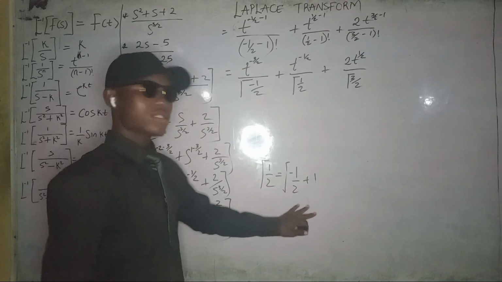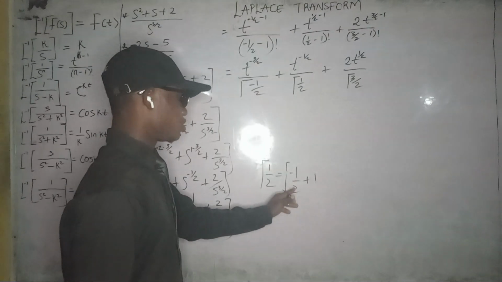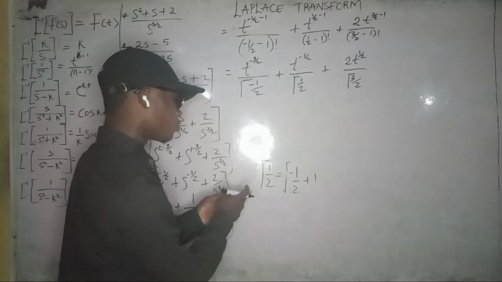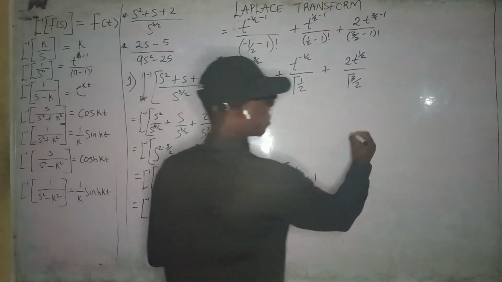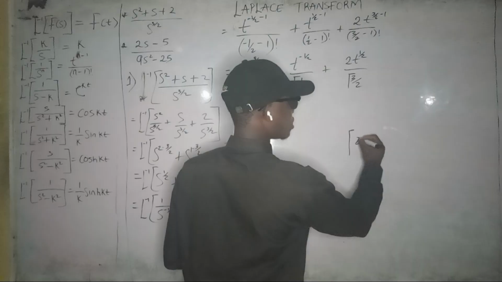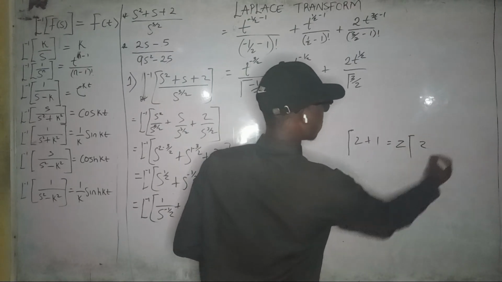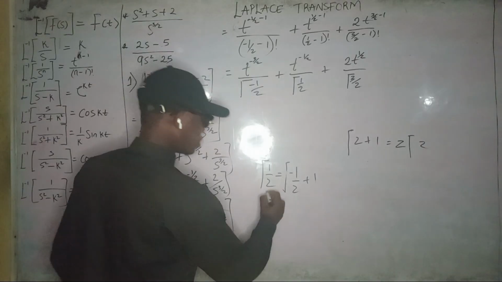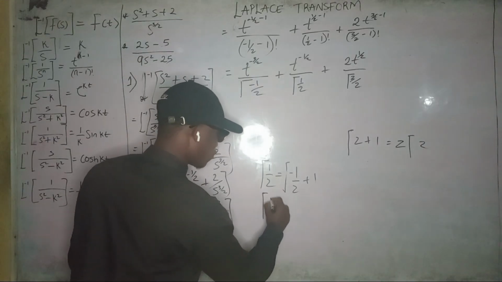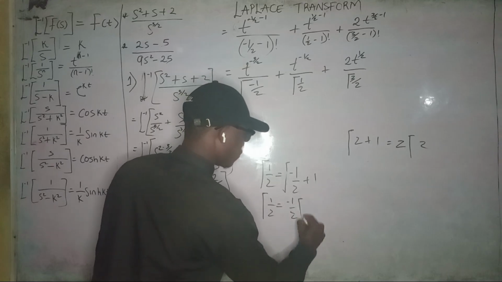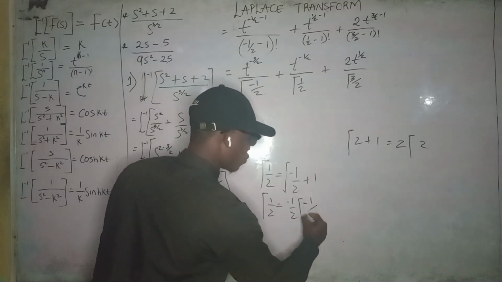This is equal because if we just add these, we get the same answer. We have another law of the gamma function: the gamma function of z plus 1 is equal to z times the gamma function of z. So we put it here, and the gamma function of 1 over 2 is equal to minus 1 over 2 times the gamma function of minus 1 over 2.